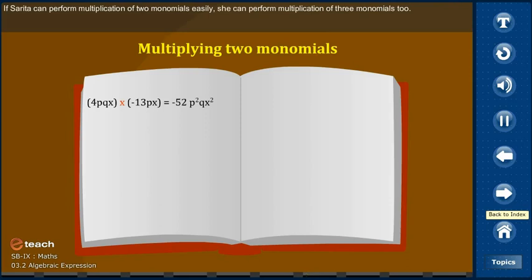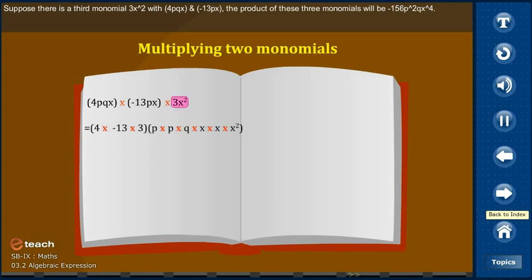If Sarita can perform multiplication of two monomials easily, she can perform multiplication of three monomials too. Suppose there is a third monomial 3x square with 4pqx and minus 13px. The product of these three monomials will be minus 156p square qx raised to power 4.